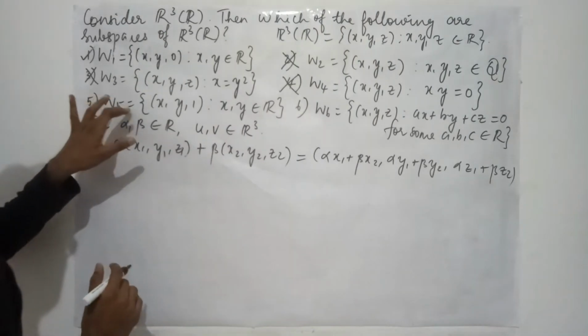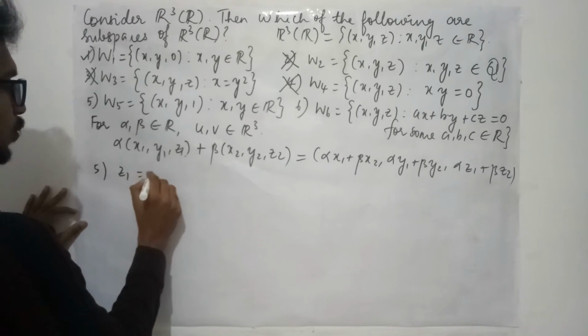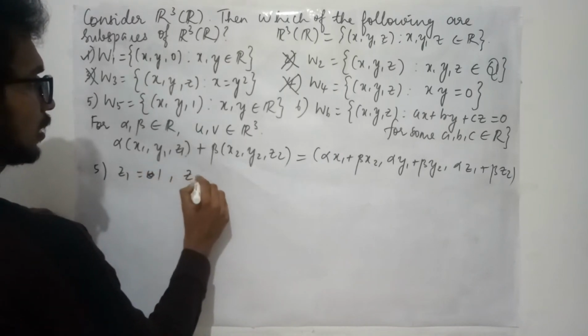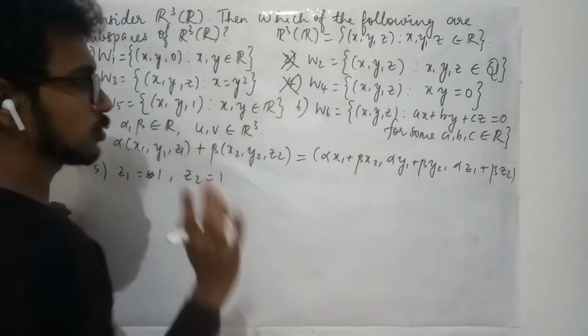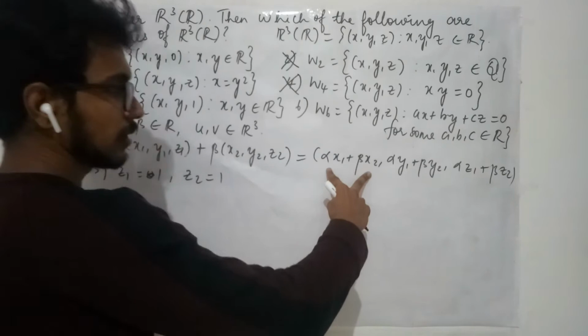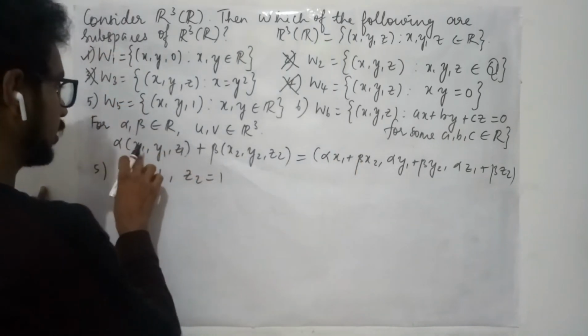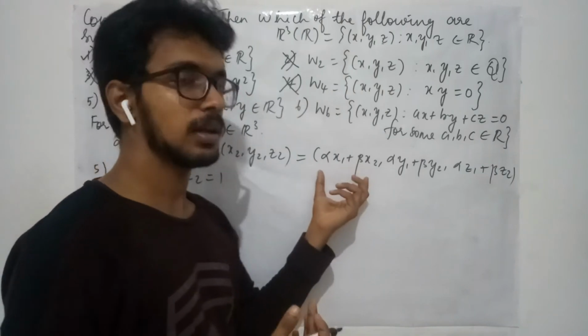Next, in the fifth, your z1 is 1 and z2 is 1, right? So the first two quantities have to be real, which means alpha x1 plus beta x2 must be real. Alpha, x1, beta, x2, all the quantities are real, therefore it must be a real quantity.